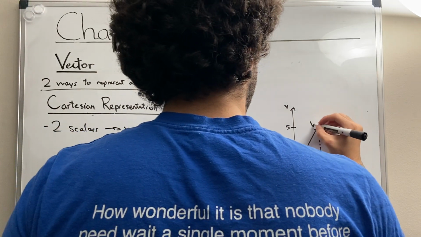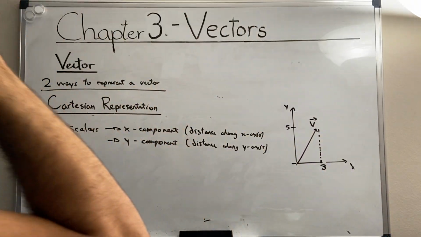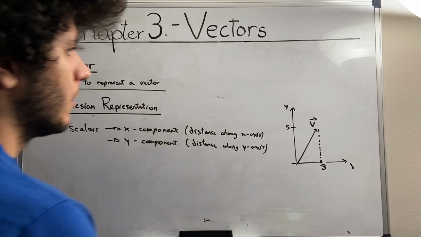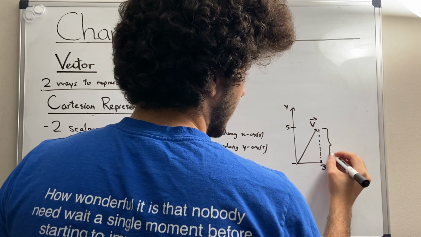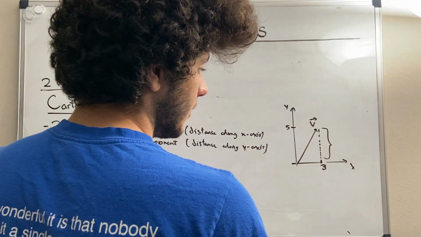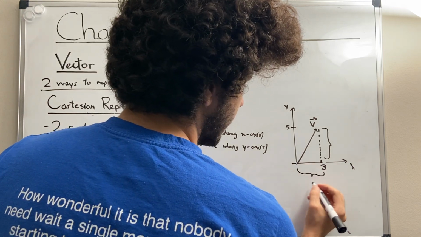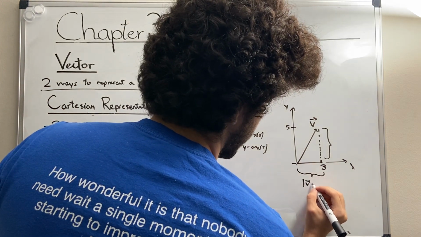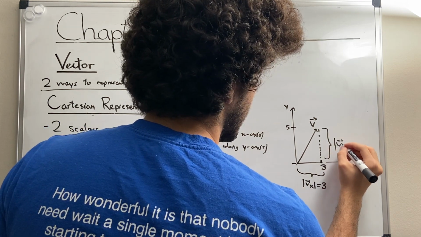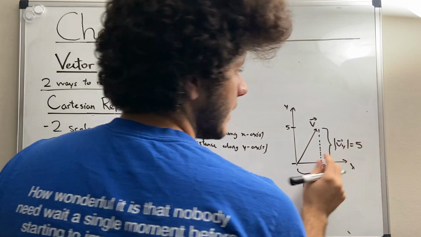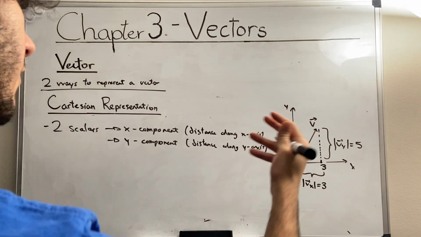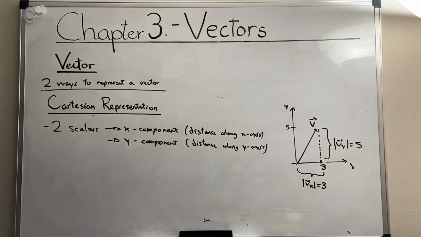This one's going to be called v as well. And we can actually break this vector into two pieces. We can have the magnitude of its y component, and we can have the magnitude of its x component. This one is equal to 3, and this one is equal to 5. It's literally the height and the width of the vector, or however you want to see it.